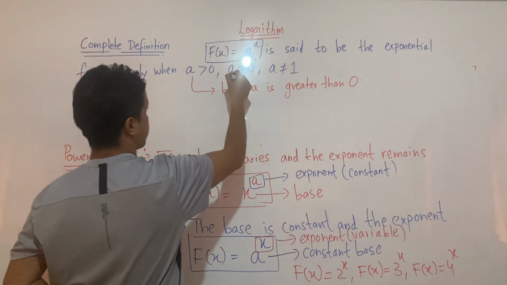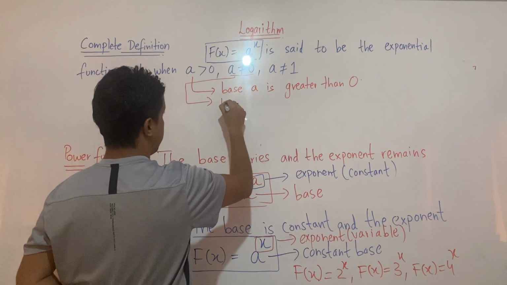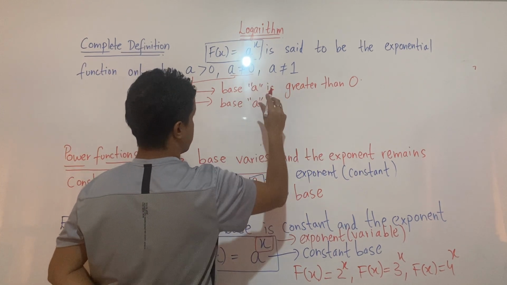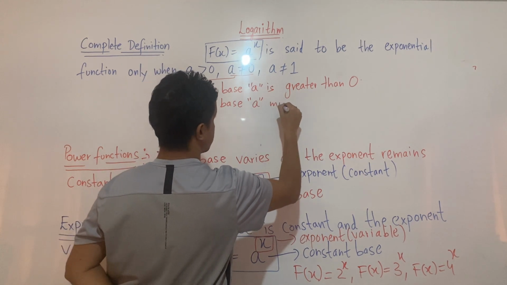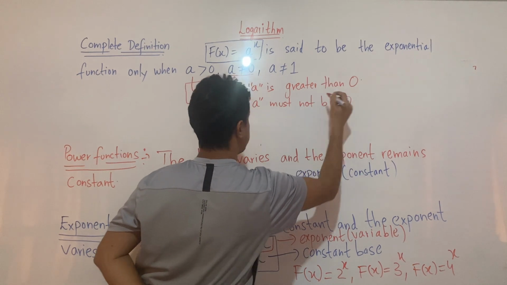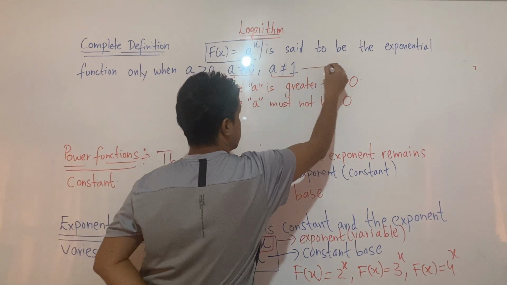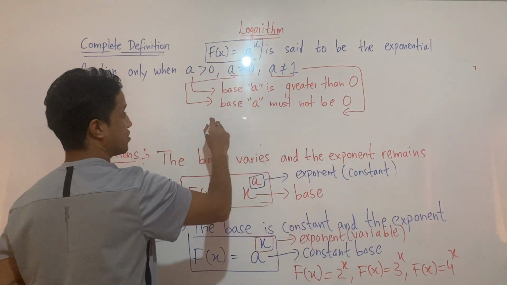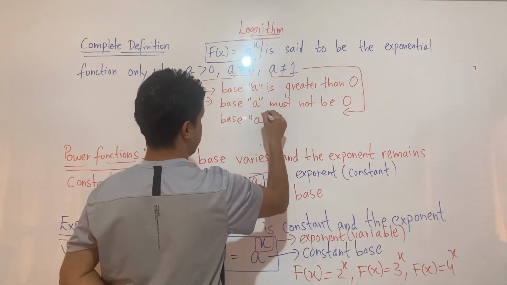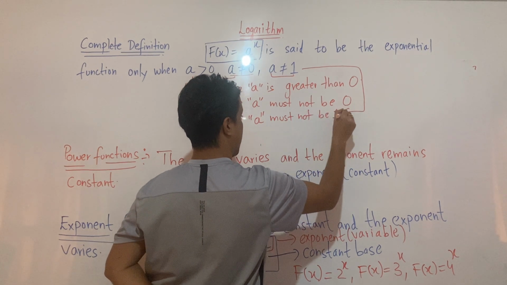Then the second condition says base a must not be 0, and the third one says that base a must not be 1, okay?